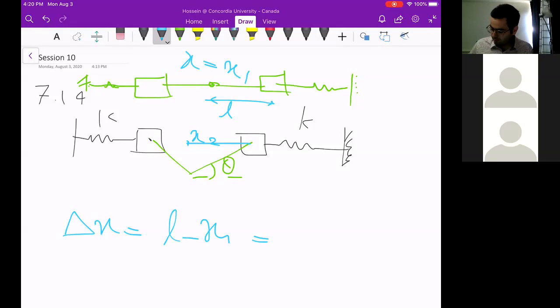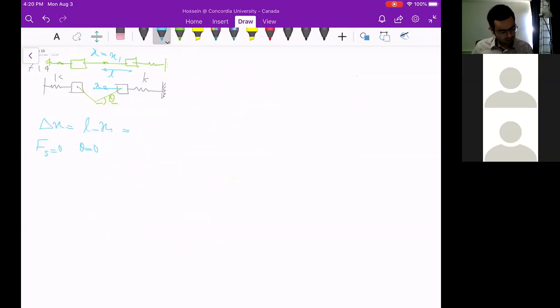The spring force is 0 when theta is 0. So this is a static problem. Basically, in this problem, it is better to go for virtual work.